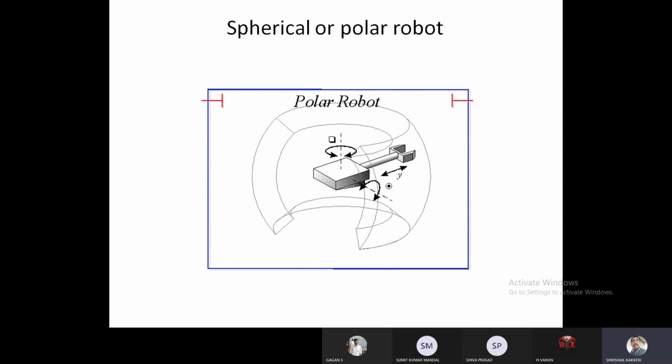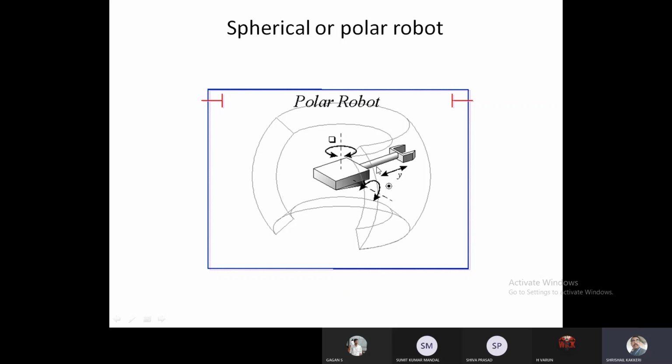You can see that r is the retraction. This one is the arm, it can be extended front and back.